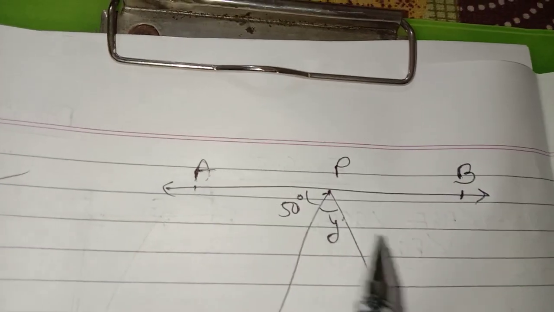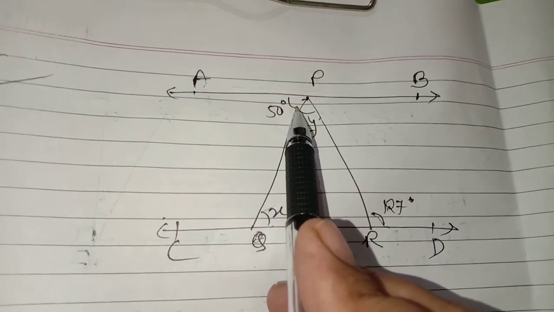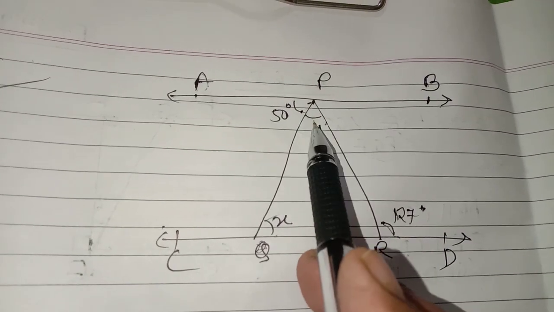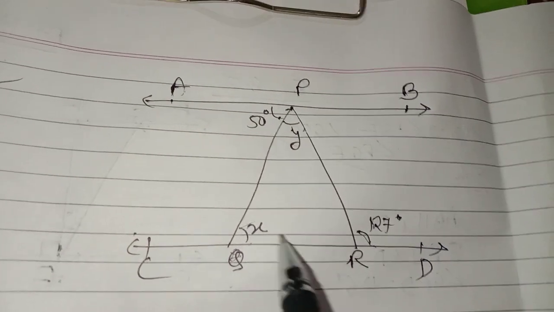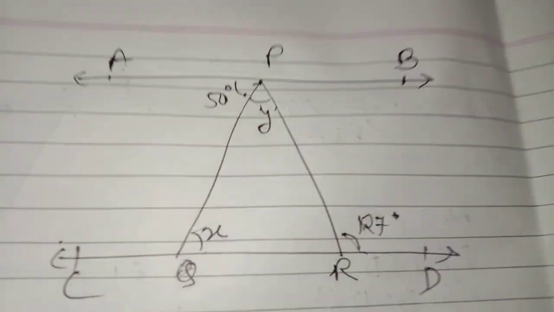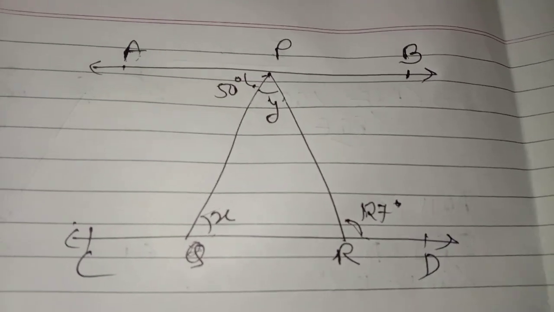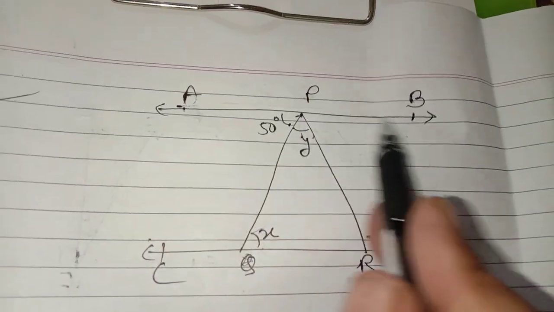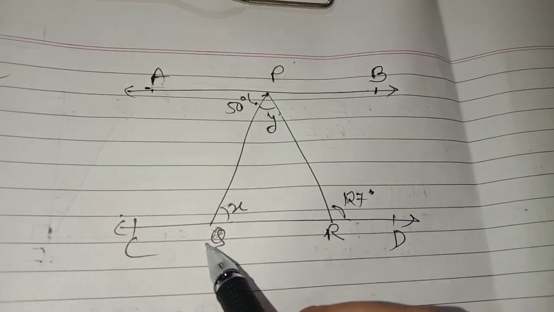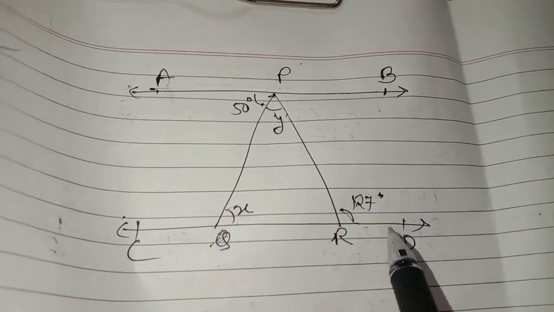So, this angle is 50, and Y is there. Clear? So how do I find X now? That is the question. Can we say that if the two lines are parallel and PQ is the transversal, then this is an alternate interior angle?